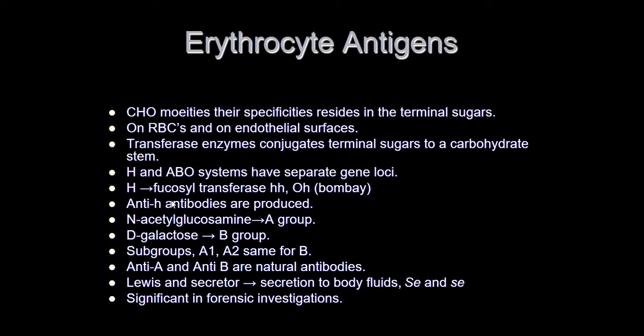So the H antigen, under the influence of fucosyl transferase, for example, if it doesn't have any of those, we call it a small h, the Oh, or what we call the Bombay blood group. If a patient doesn't have the carbohydrate antigens, then it's blood group O. But if the patient lacks the stem sugar, which is the H antigen, then the patient is going to have anti-A, anti-B, and anti-H at the same time, and this is very dangerous.